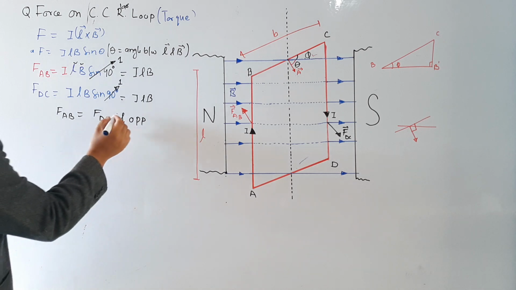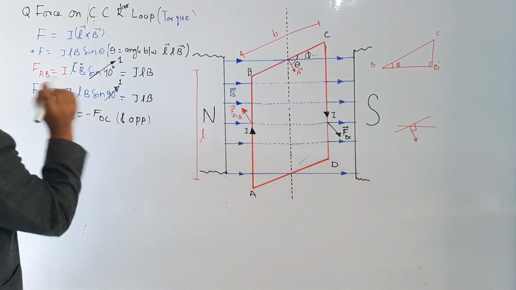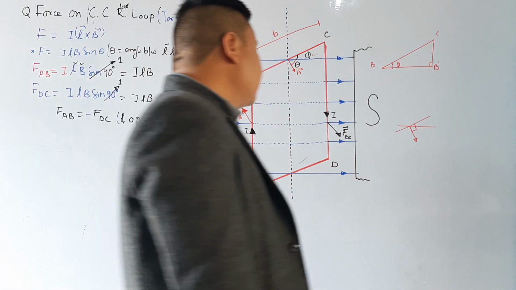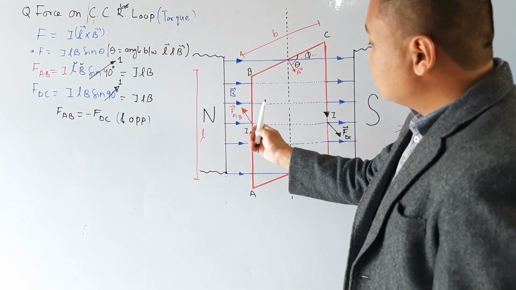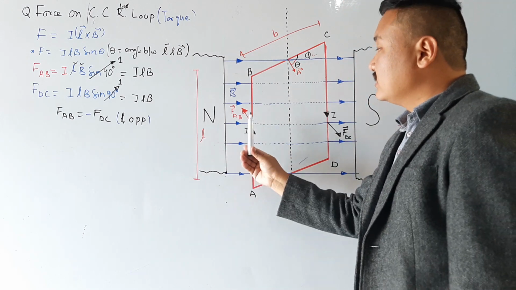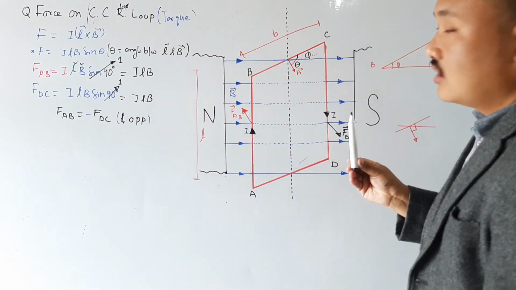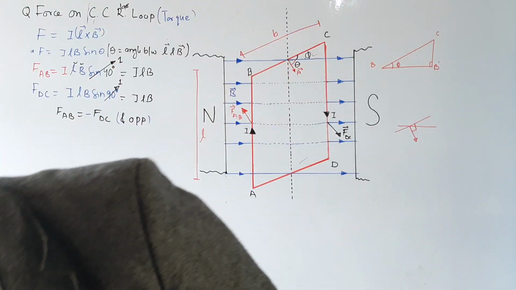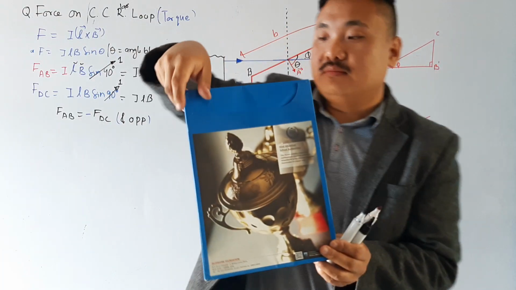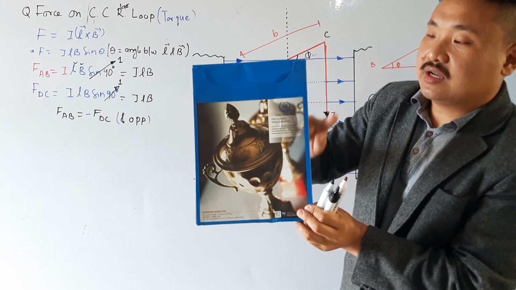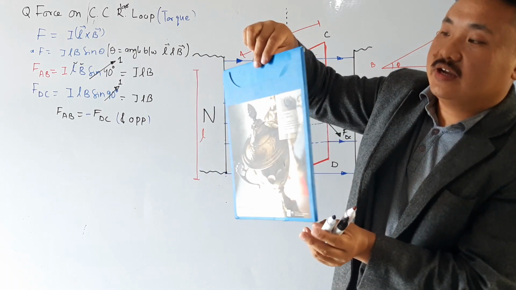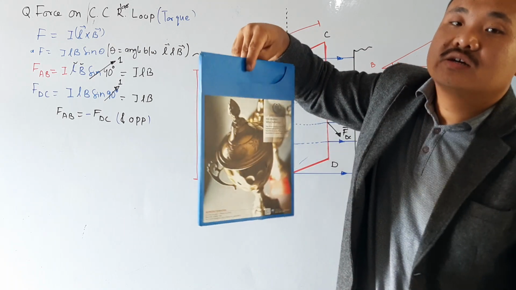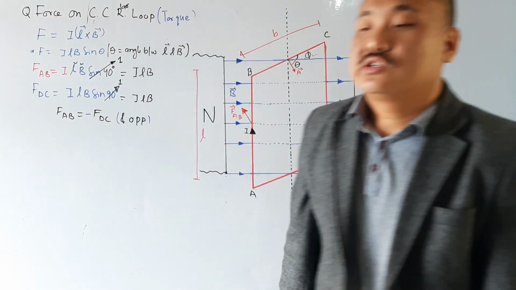So to denote equal and opposite, I will put the negative sign. So this arm will go inside and this arm will come outside. Then it will give a rotation which is called torque.